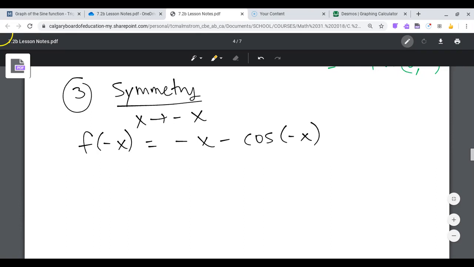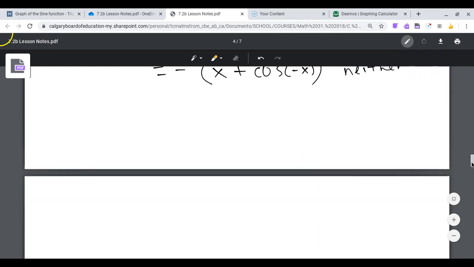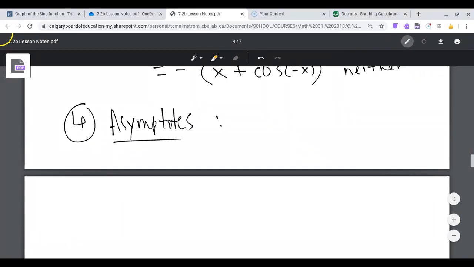And so I can factor out a negative 1, and that would leave me with x plus cos of negative x. And so I don't get the same function. I'm not getting anything here. So this is neither type of symmetry. And then number 4, we're looking at asymptotes, and we don't have any denominators, so that's lovely. We have none to worry about.